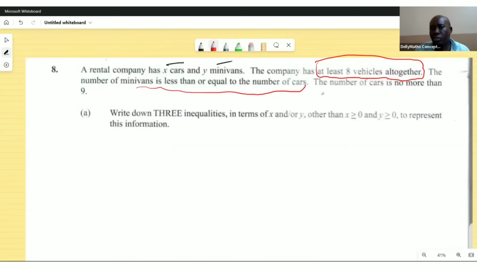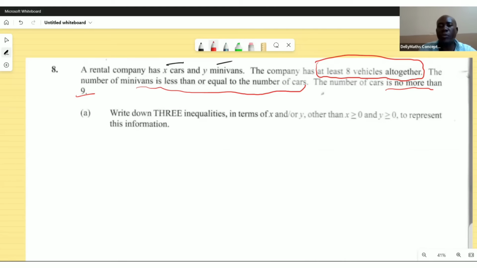And the number of cars is no more than 9. The question says, write down 3 inequalities in terms of X and Y, other than X greater than or equal to 0 or Y greater than or equal to 0, to represent the information.